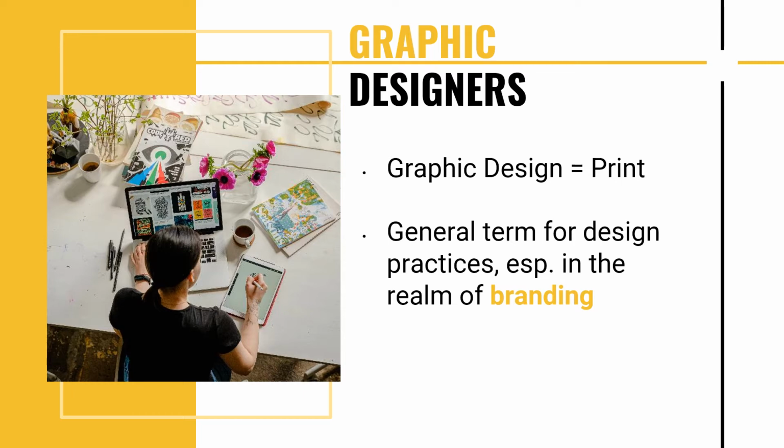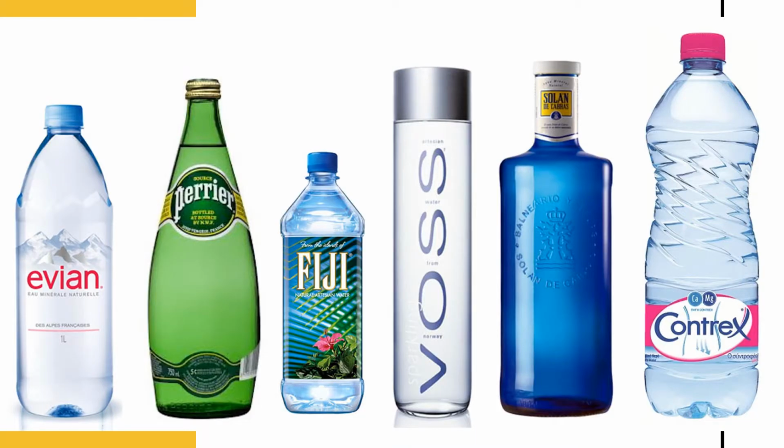Before we proceed, let's discuss first what branding is, for you to understand kung ano ba yung ginagawa ng mga graphic designers. Let's start with this product. We all know that a product is what we sell in the market. A brand, on the other hand, is the perceived image of the product. For example, let's illustrate brand using these water bottles.